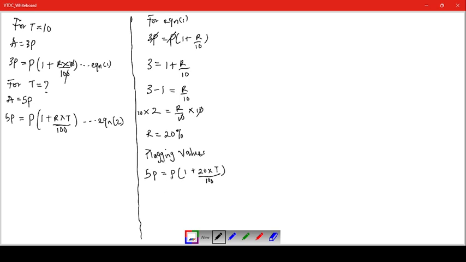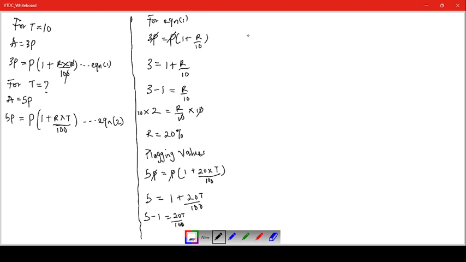So at this point, p gets to cancel out p, and then we have 5 is equal to 1 plus 20t over 100, of which we subtract 1 from both sides. We have 5 minus 1 is equal to 20t over 100.